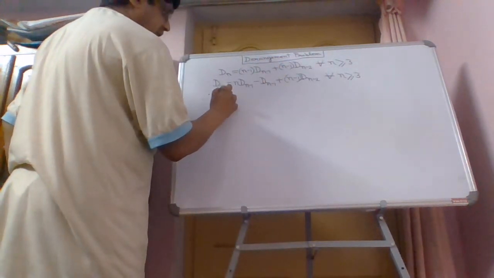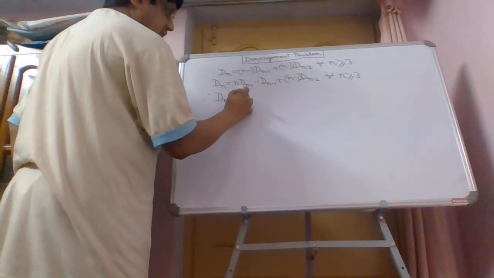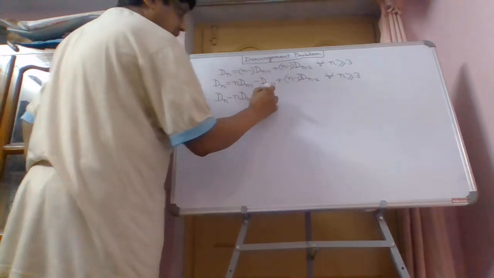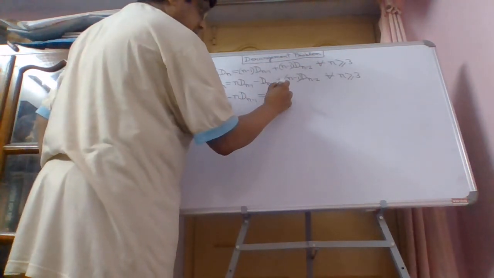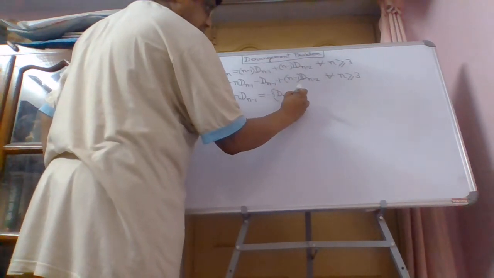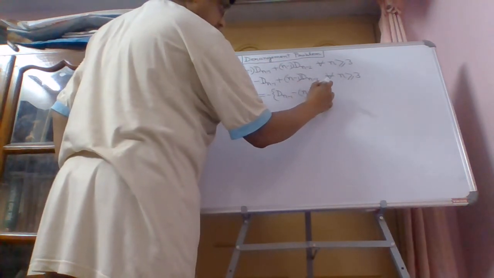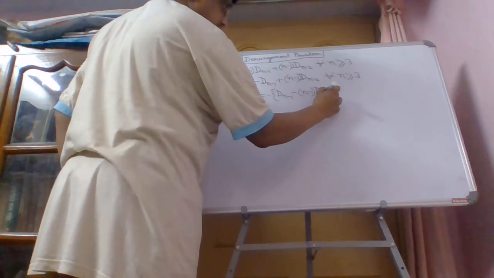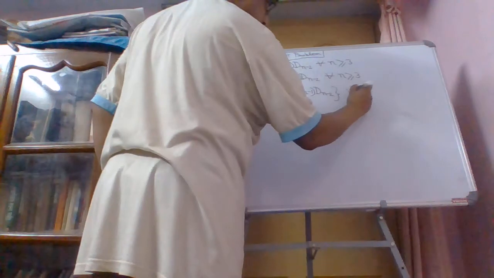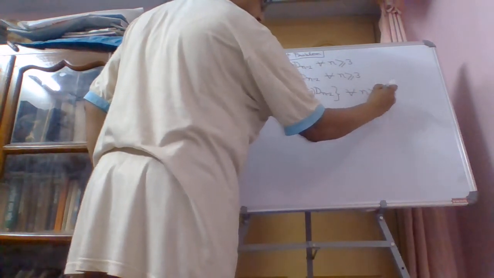Therefore, we can write dn minus n into dn minus 1 must be equal to minus, comma, dn minus 1 minus n minus 1 into dn minus 2. And this recurrence relation must be true for all n greater or equal to 3.